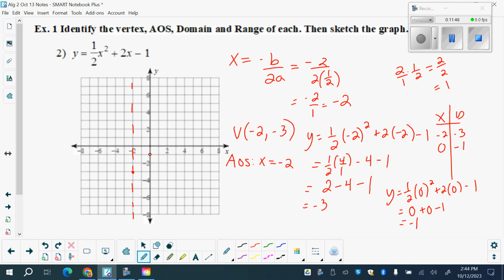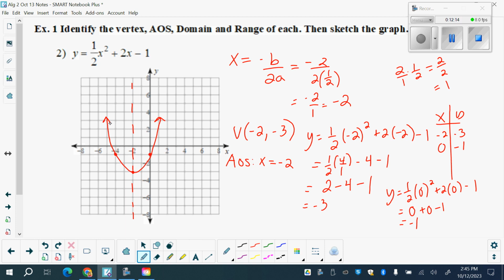Okay, and so we go 2 to the right, so we're going to go 2 to the left. That's right here. And so then we'll connect. And again, this is curved, and our sides go out. They don't go straight up. So we have our graph.